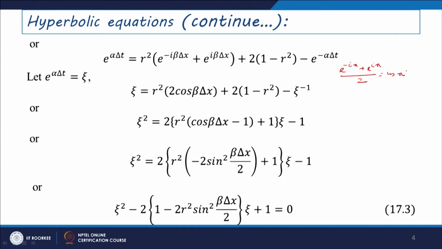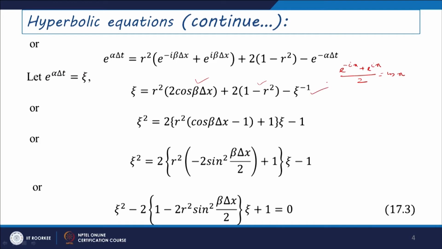So, that is why it is written as 2 cos beta delta x, since it is e to the power minus I beta delta x plus e to the power I beta delta x by 2. So, that is why 2 into cos beta delta x here plus 2 into 1 minus r square minus e to the power minus alpha del t. So, that is why zeta to the power minus 1 is written.